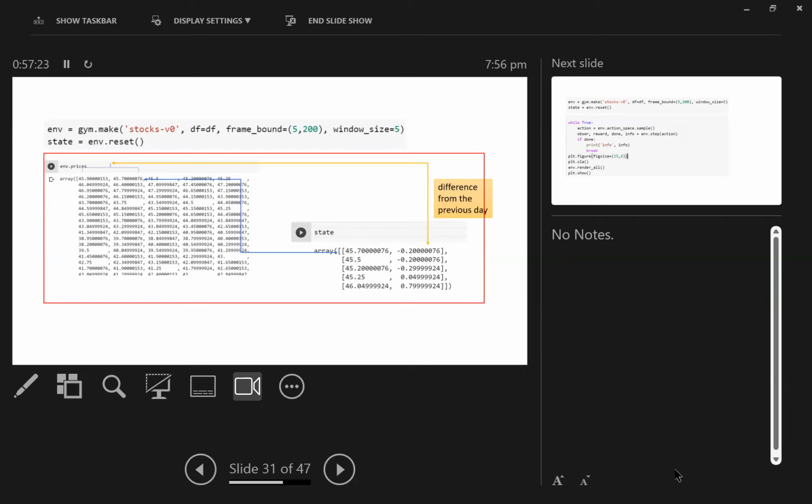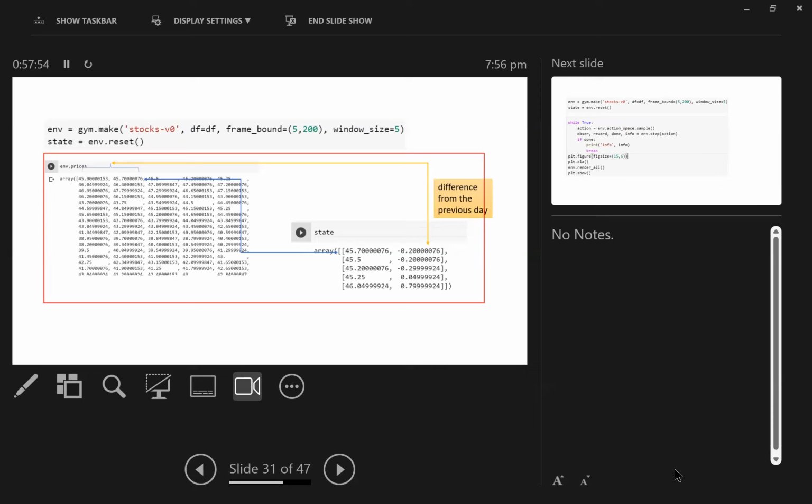You see minus here, which means that today the stock price dropped 0.2 units. In order to make this meaningful, you cannot start from the first day, because for that you do not have a previous day.